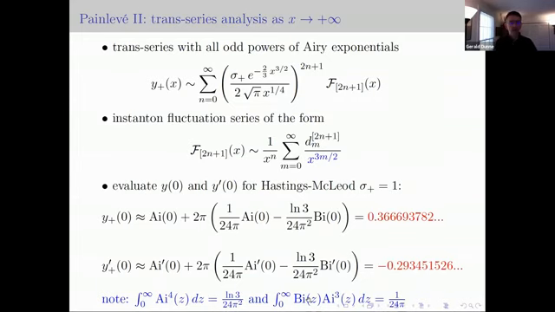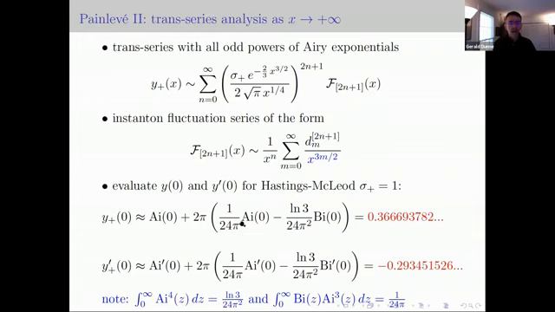And if you do the same thing for the derivative, we get these expressions for the value of this trend series, which was generated at plus infinity, but now all the way down to x equals 0, just taking the first two terms of this extremely simple trend series expansion. And we can now compare these, and I've chosen sigma to be +1 here in this expansion in order to compare with this Hastings-McLeod solution, this special separatrix matching solution.